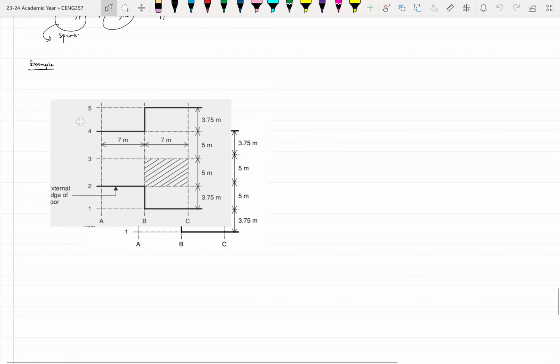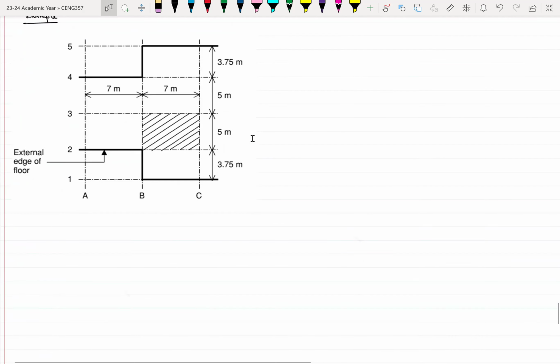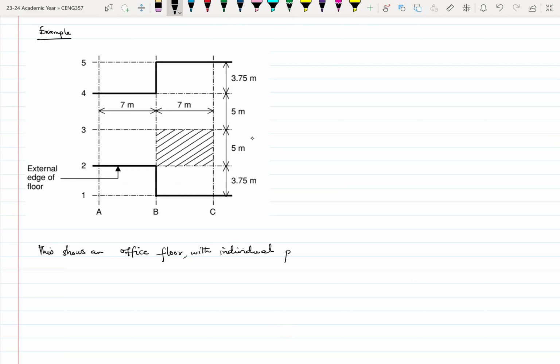Let me reduce this a little bit. Okay, great. So we have this panel, or this set of panels. Let me put some information here. This shows an office floor, let's say first floor, for example, with individual panels.